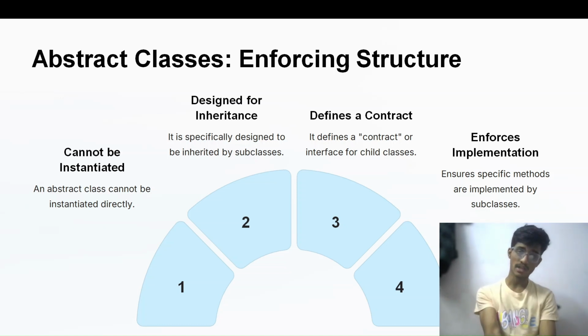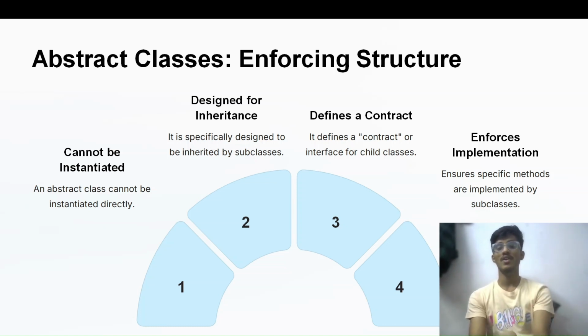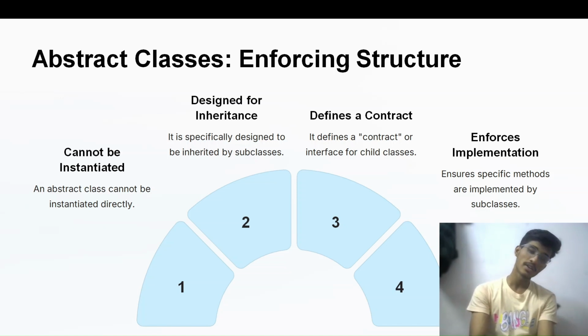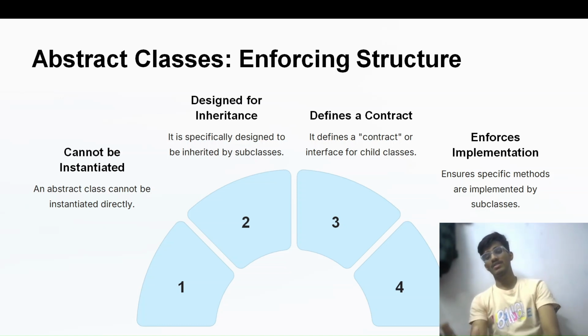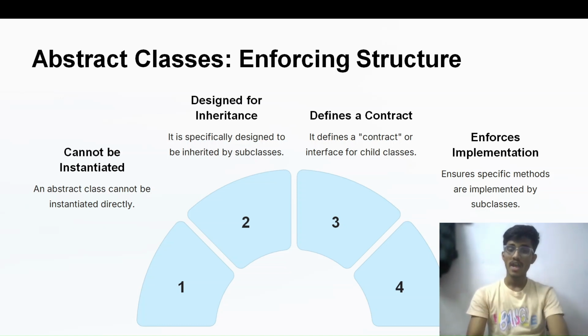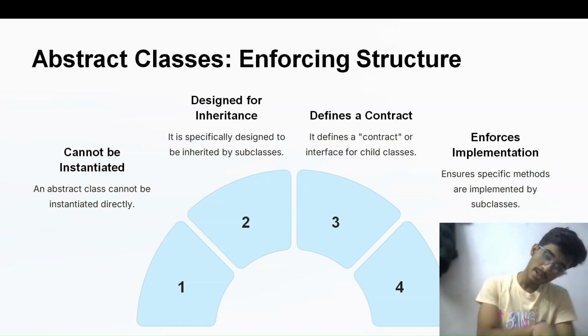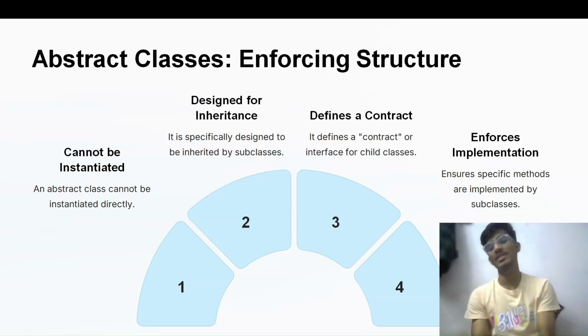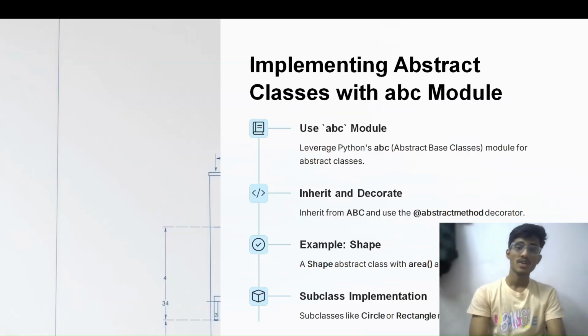You create an abstract class which is only used for inheriting by a subclass. It defines a contract or interface for a child class. It's just a template or contract for the child class, and specific methods are implemented by subclasses.